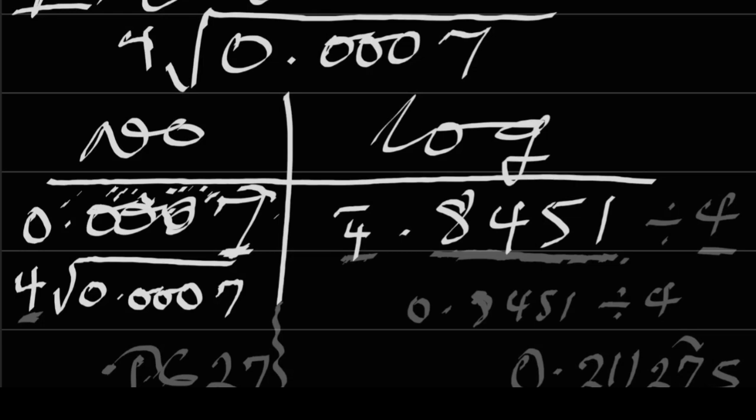Example 2 is roots. Whenever we have roots, we divide. So we are going to divide by the roots, which is 4. At this point you need to be very, very careful, because in the division you have to divide it part by part.